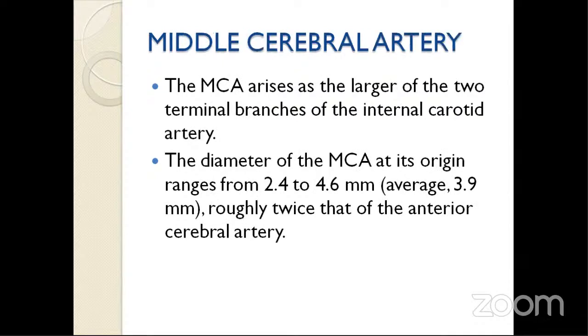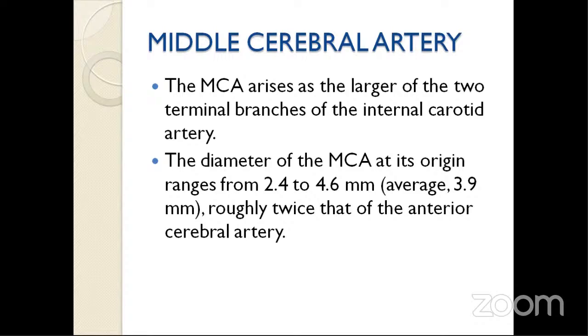Now discussing the vessels of the Sylvian Fissure, the most important one is the middle cerebral artery. The middle cerebral artery arises from the internal carotid artery, and it is the larger of the two terminal branches of the internal carotid artery. Its diameter at its origin ranges from 2.4 to 4.6 mm with an average of 3.9 mm.